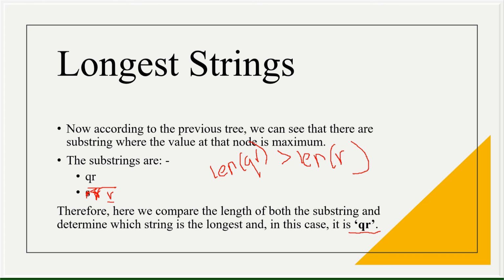Now the reason why this is going to happen in O of n time is because Ukkonen's algorithm and the depth first traversal both take the time of O of ni plus nj. So the entire time is O of ni plus nj, which is equivalent to O of n.